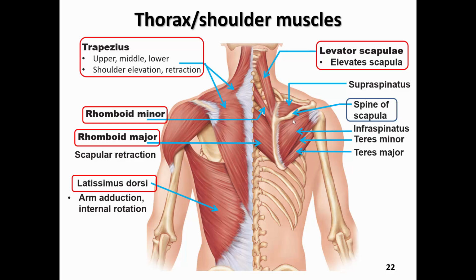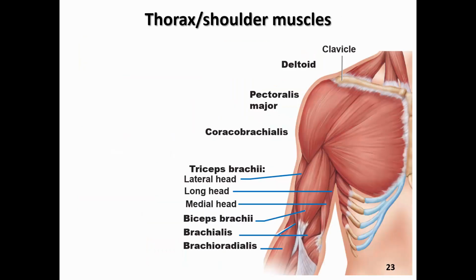I just want to point out the bony landmark of the spine of the scapula, which is quite prominent. These other muscles we'll touch on in a few slides, but not in this video. These four muscles are referred to as the rotator cuff, but we'll address that on slide 24.